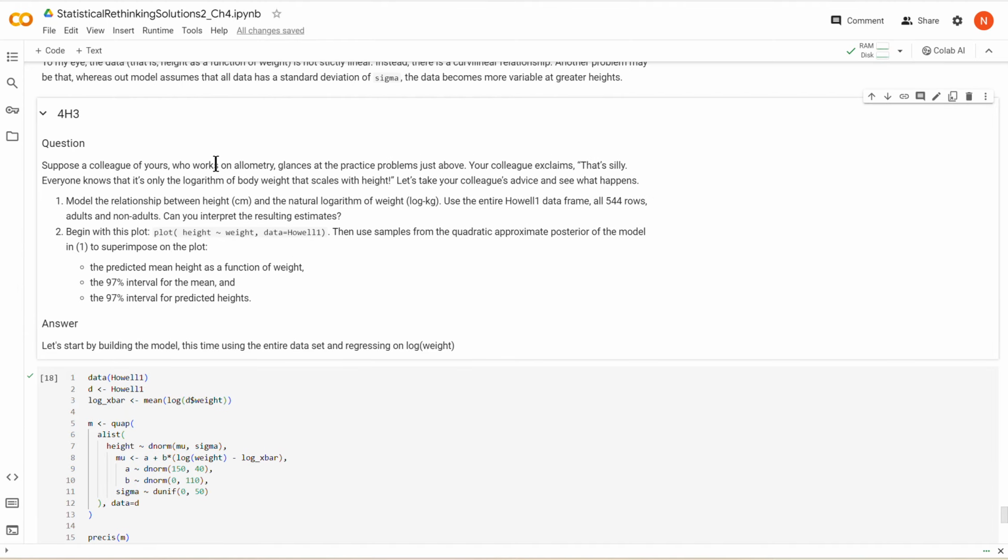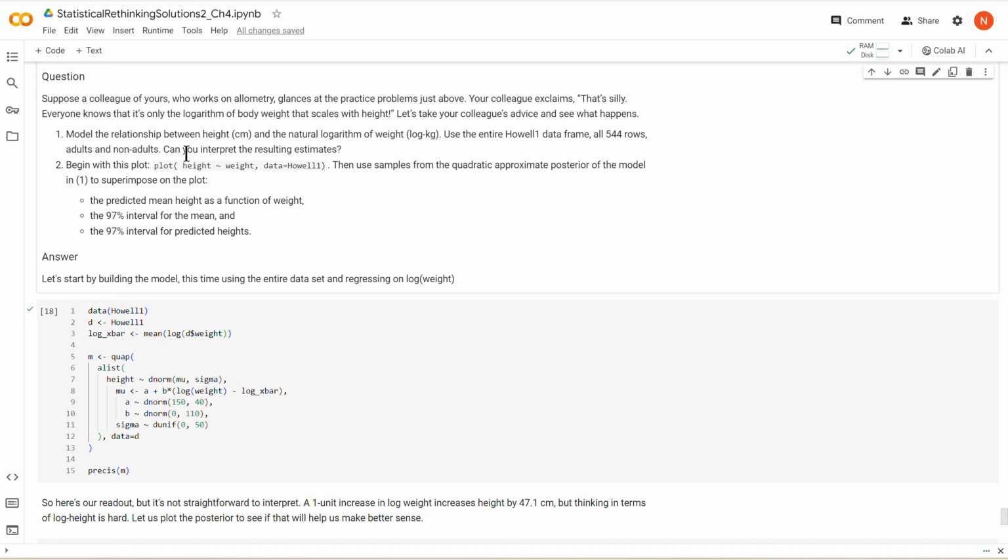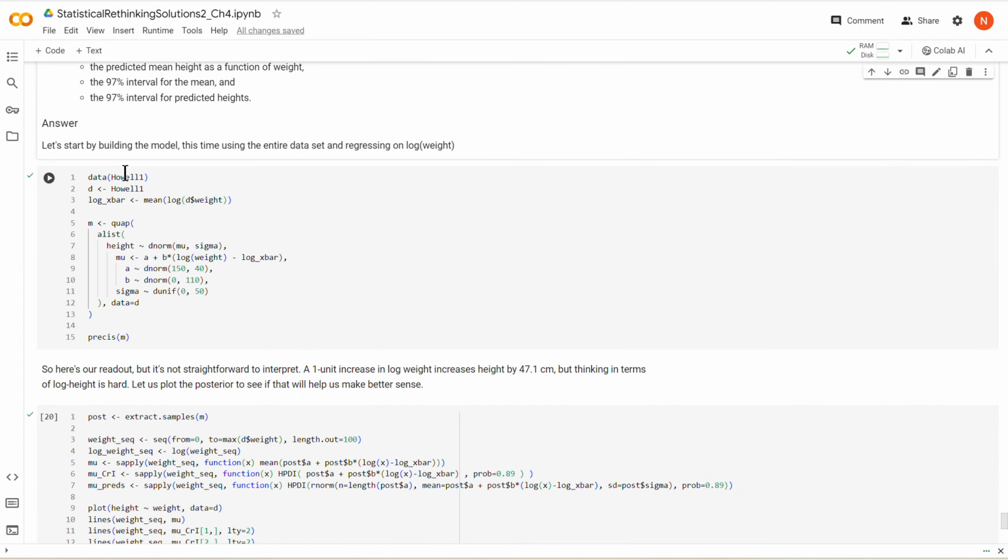So the idea is that somebody, maybe you or a colleague, says that height and weight aren't related linearly, but rather that height is related to the log of weight. And so we decide to test this. And if that is true, we should no longer need to partition the data for adults versus non-adult children, and so on.